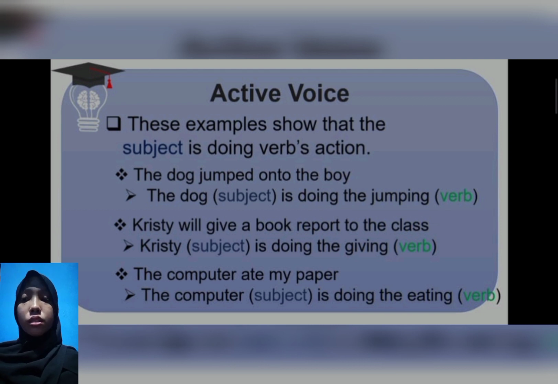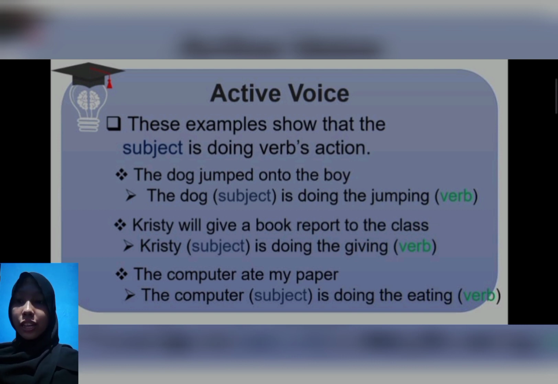1. The dog jumped onto the boy. The dog is the subject, doing the jumping, which is the verb. 2. Christy will give a book report to the class.